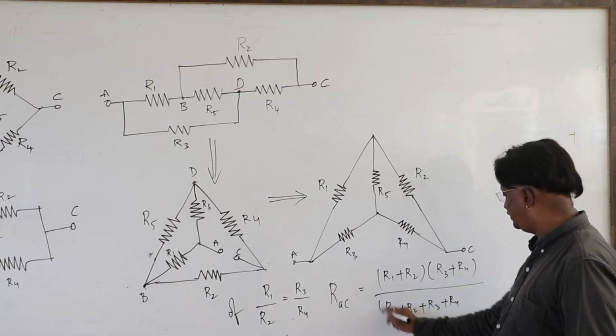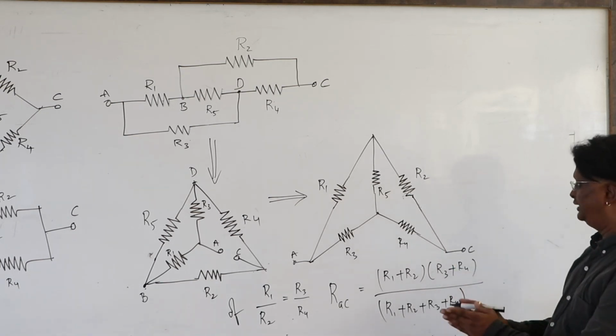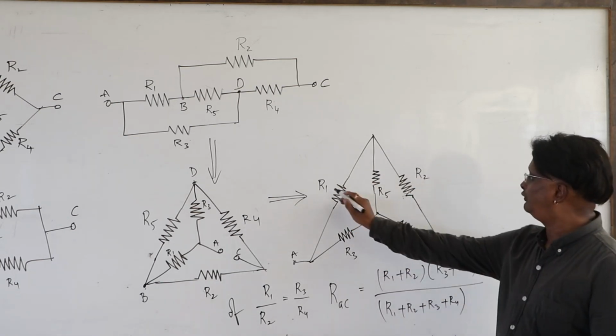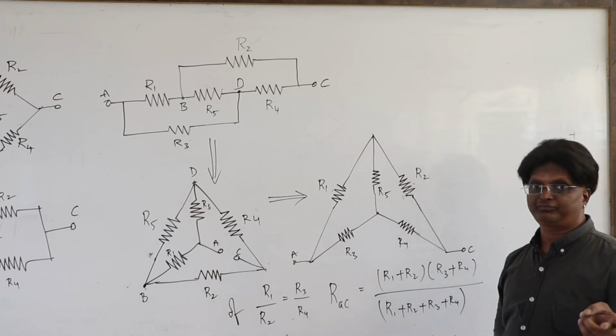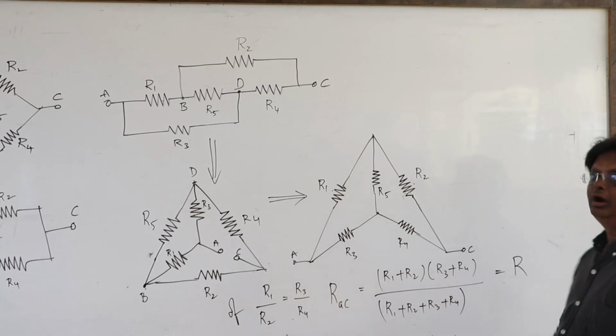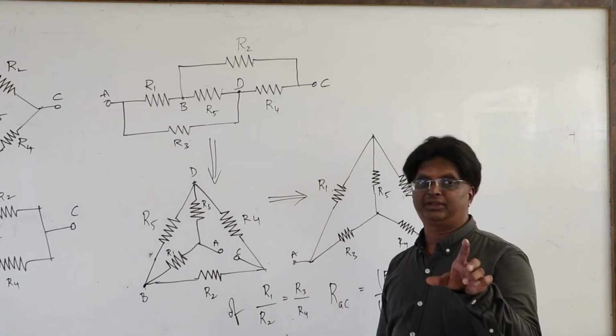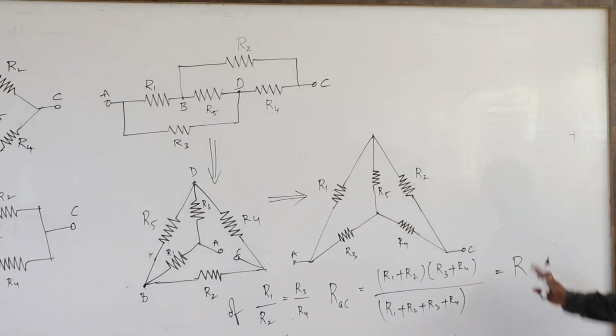See, this is our simple expression. Any of such forms given, you will find. Supposing R1, R2, R3, R4 are all identical and the condition is satisfied, then if I substitute all these values, it will also be R only. The effective resistance is equal to one of the resistors in the branches.